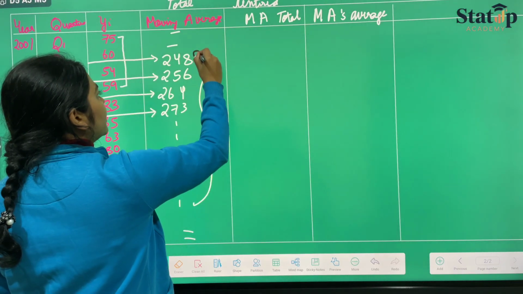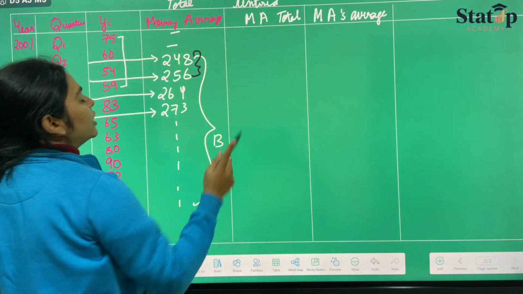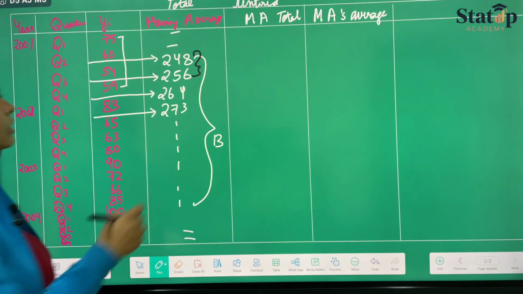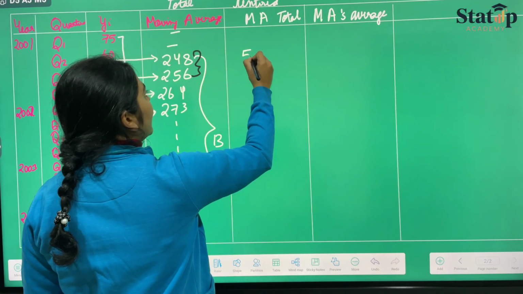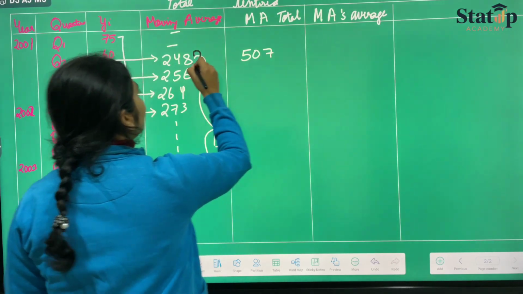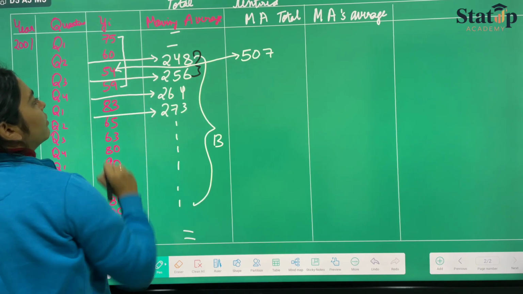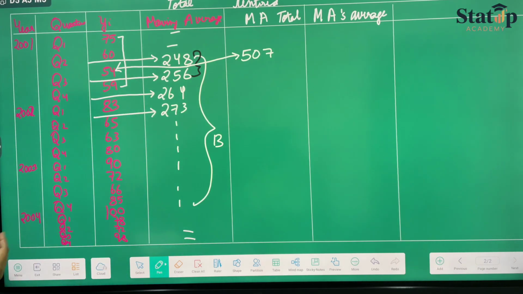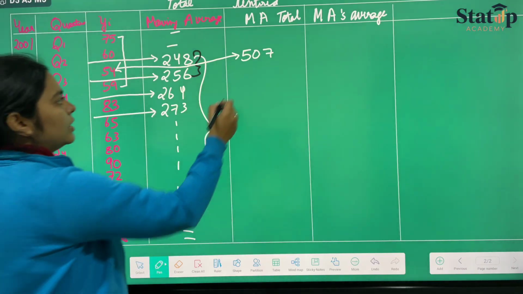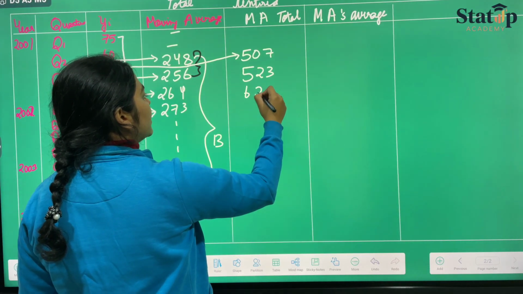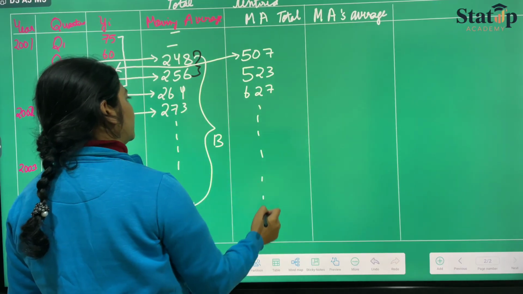So centered would be the average of these two, 248 plus 256 upon 2, which is nothing but 507, and this will be at the center of these two values, which is against this third value. So this is how centered moving average is calculated. It will be 523, 6, 27, and so on.